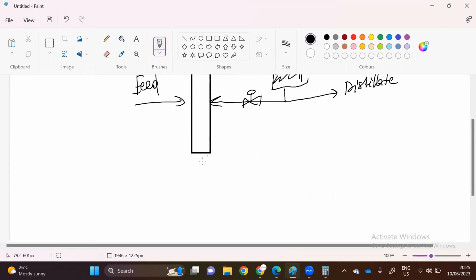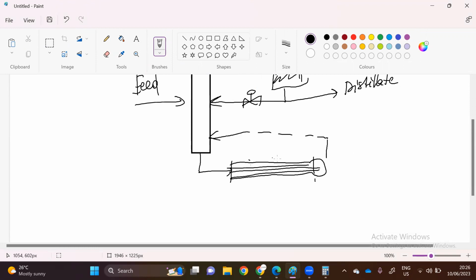Coming to the below part, we have an outlet, it will be sent to the reboiler. Reboiler is something like this. I cannot draw it very clearly, sorry. Like this. Some of them is again sent back to the system, and some of them will be going out of the system. It will be bottoms product.